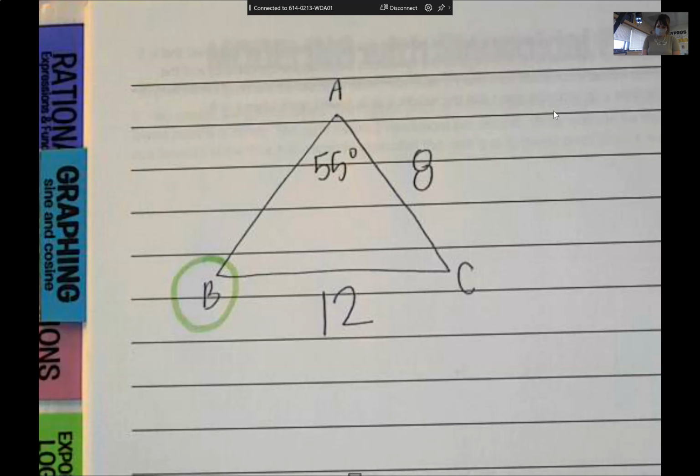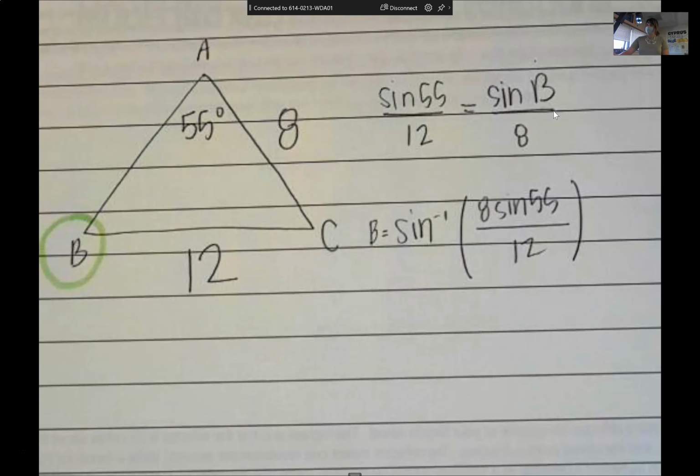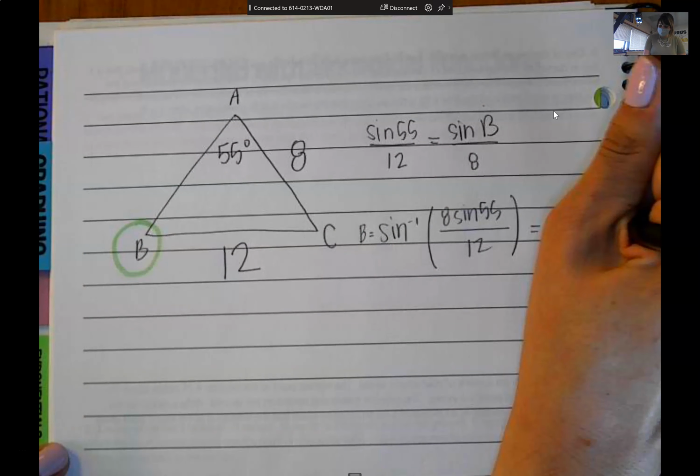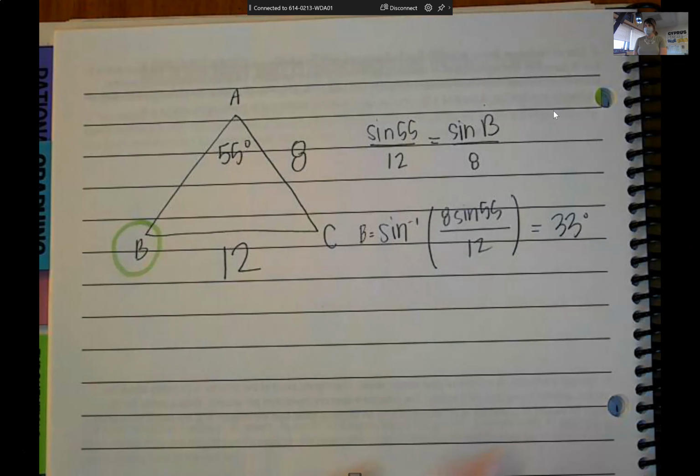I also got 33. So here's my work. You plug that into Desmos and you do get 33 degrees. So our first set are going to be pretty straightforward. You guys agree? Yeah.